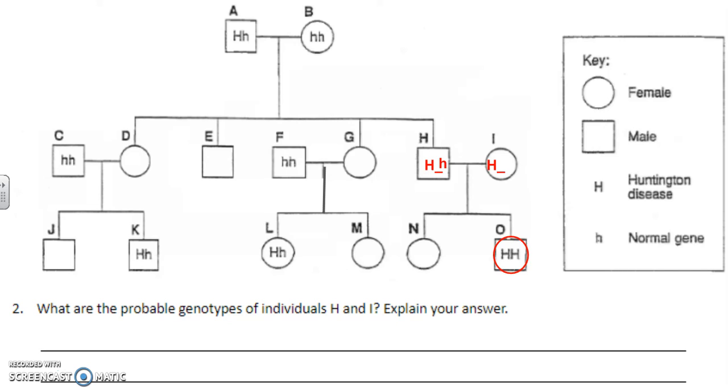So we're not sure of what trait they have. All right, so take a moment and answer number 2 and write your description to explain your answer. And again, if you need, pause the video so that you give yourself time to write your response.